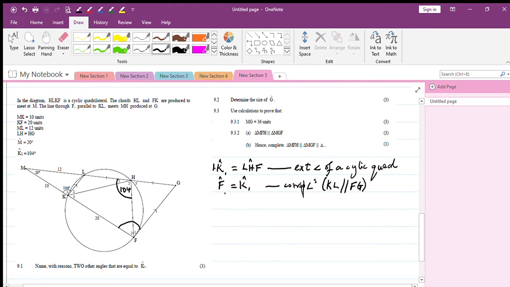Now let's move to the second question. The second question requires us to determine the size of G. If you look at the big triangle MGF, we've got only one unknown angle, that is angle G. We know M is 20, we know F is 104, so G should be 56.